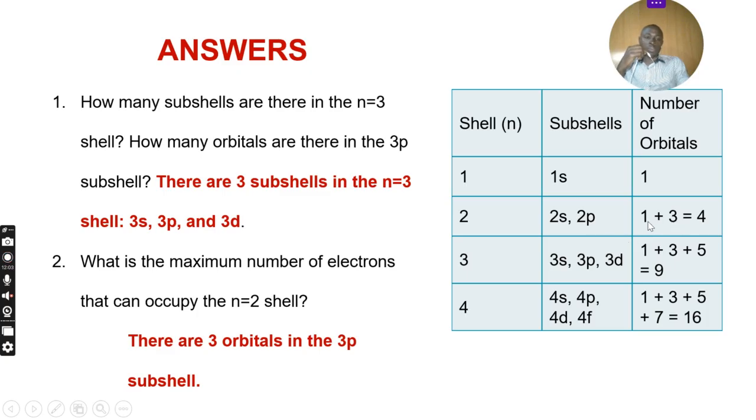There is 1 orbital in the s subshell, and then there are 3 orbitals in the p subshell in the second energy level, and everywhere for that matter. So all in all, we have 4 orbitals. An orbital can take 2 electrons. So in all, in the second energy level, where n is equal to 2, we have 8 electrons. Hope you got that.